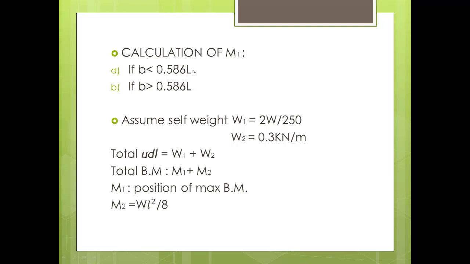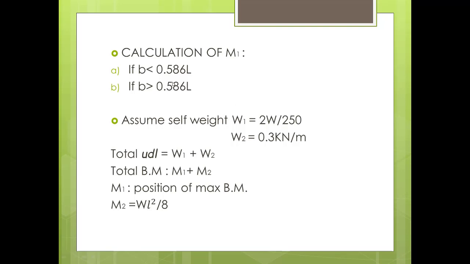If B is lesser than 0.586 L, then we place one of the wheels at B by 4 from the center of the gantry girder.